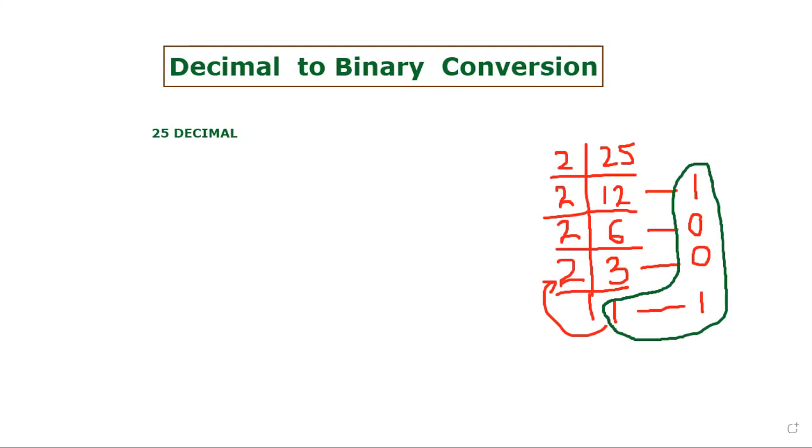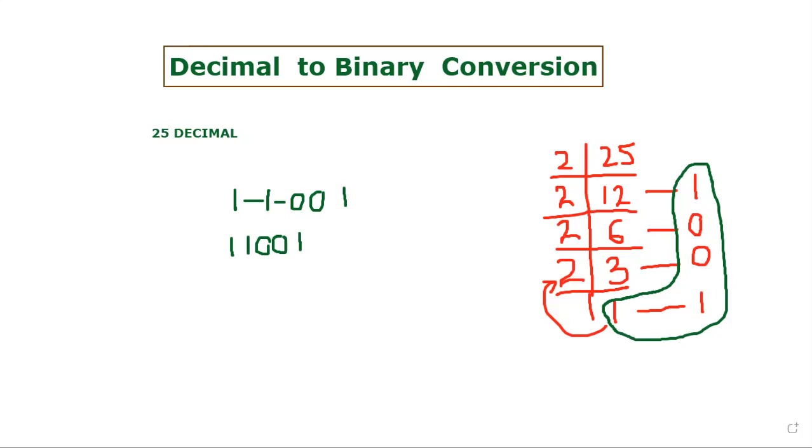Look, starting from this very last quotient, 1, then this one which was the last remainder, 1, then 0, 0, and 1. So one can simply write 11001. This is the binary equivalent of 25 decimal, 11001, right?